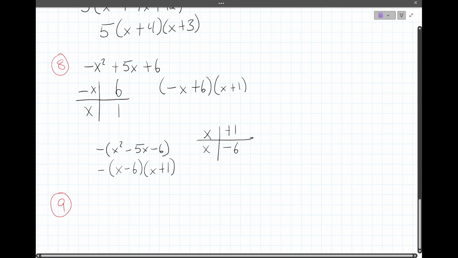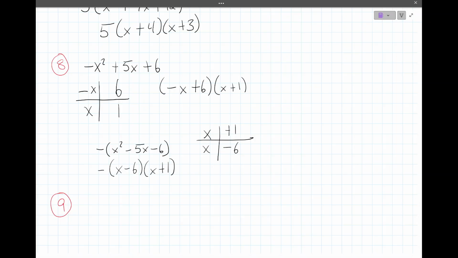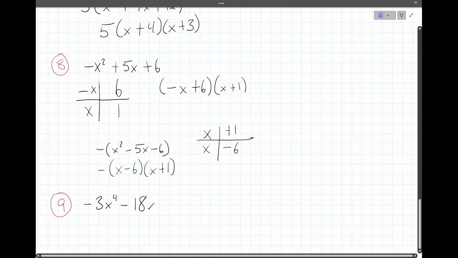Last example for this part. Now we're just going to cook it and put everything together that we've been working with so far. So I'm going to get negative 3x to the 4th minus 18x cubed minus 27x squared.